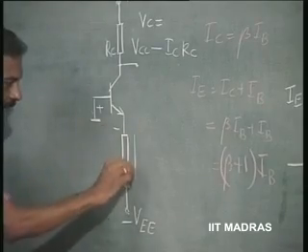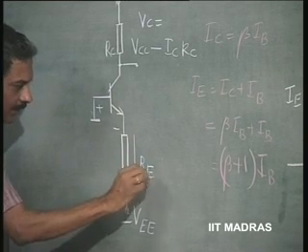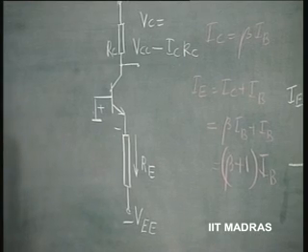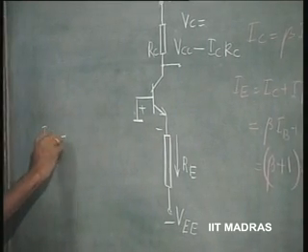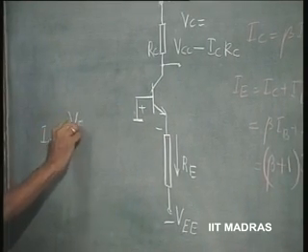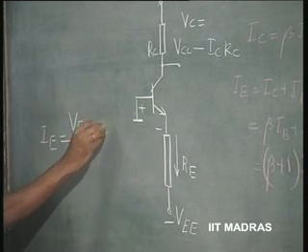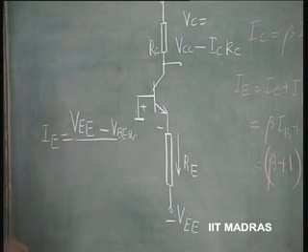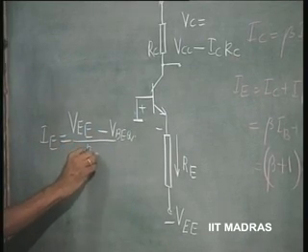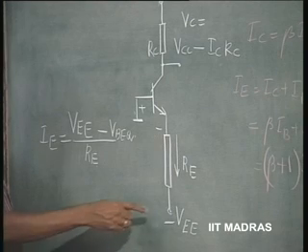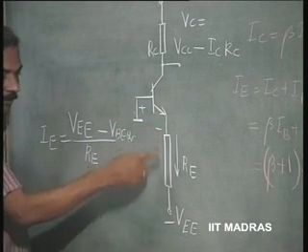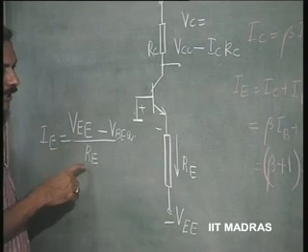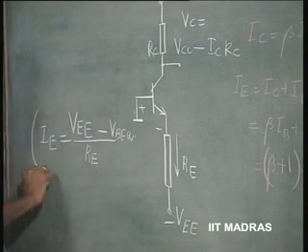This is a resistance put in the emitter to fix the current, which is the emitter current, as equal to VEE minus VBEQ divided by RE. So we have minus VBEQ minus of minus VEE, that is plus VEE, divided by RE. So this is the emitter current.